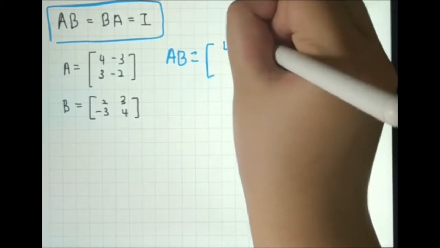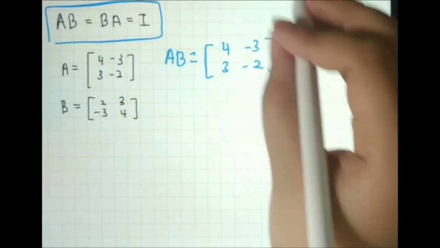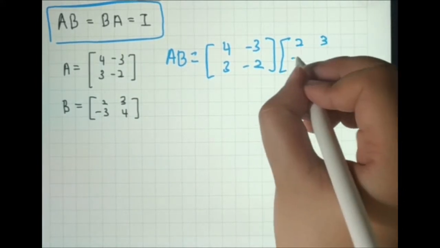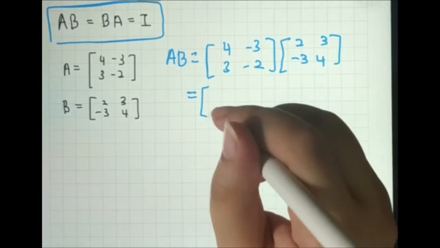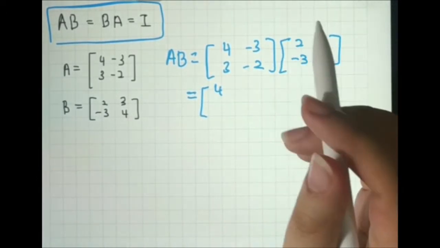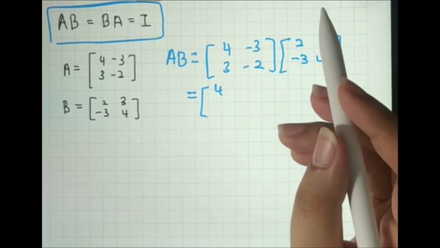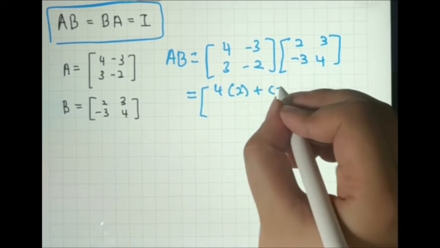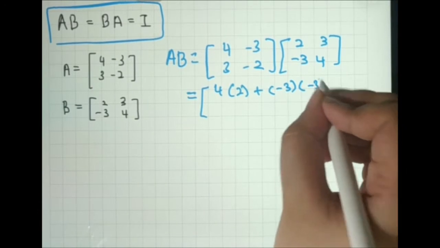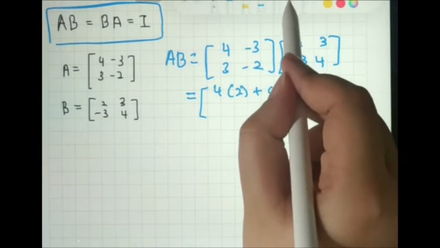A is 4, negative 3, 3, negative 2. B is negative 2, 3, negative 3, 4. So let's find our answer. 4 times negative 2 plus negative 3 times negative 3. I don't have space, so let's move it a bit.